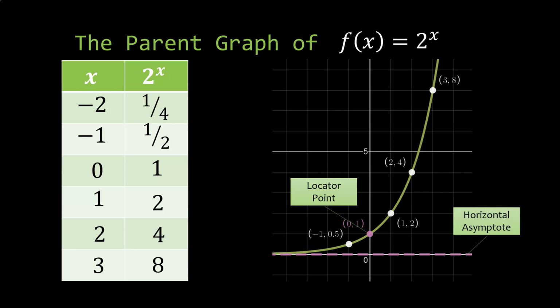Okay, so those are the two important characteristics of an exponential function. It has the locator point of 0, 1, because anything to the 0 power is 1, and it has a horizontal asymptote at y equal to 0 because a negative exponent will get really small, close to 0, but never really become 0.